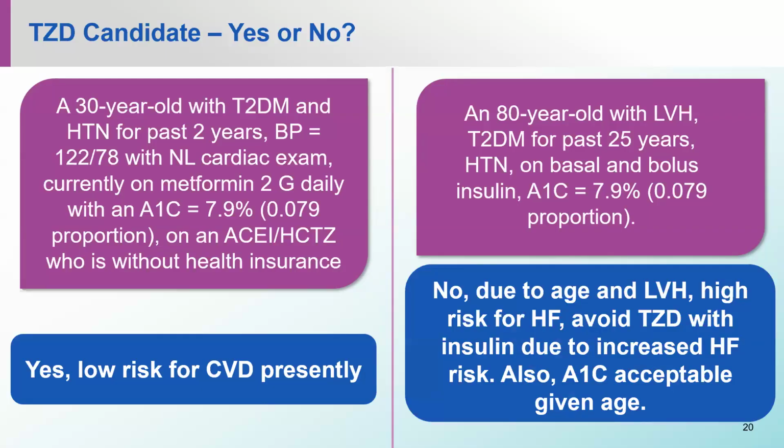And the answer is a resounding no. Due to age and LVH, high risk for heart failure, no TZD, particularly with insulin because of the increase in the circulating volume and in the heart failure risk, plus an A1C of less than 8 is perfectly fine for him. The last thing we want that person to be is hypoglycemic because it could trigger a cardiovascular or cerebrovascular event.